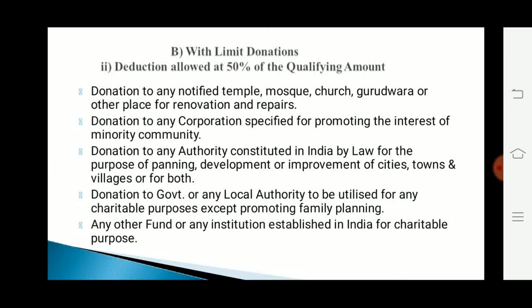Donation to any authority constituted in India by law for the purpose of planning, development or improvement of cities, towns and villages or for both. Donation to government or any local authority to be utilized for any charitable purposes except promoting family planning, and any other fund or any institution established in India for charitable purpose.